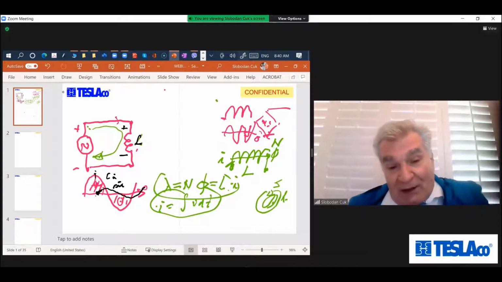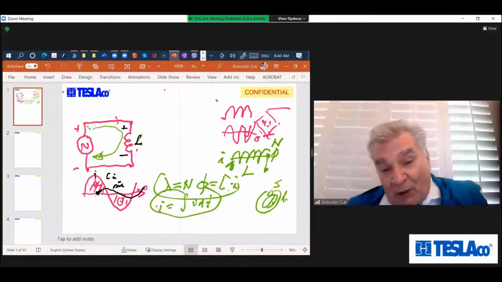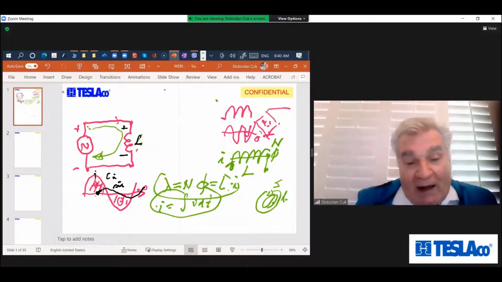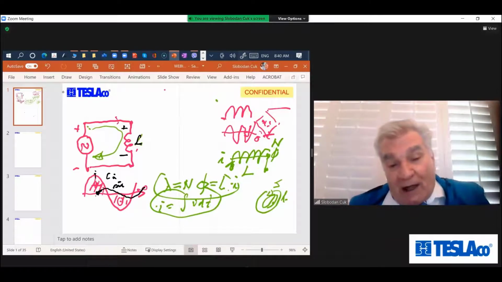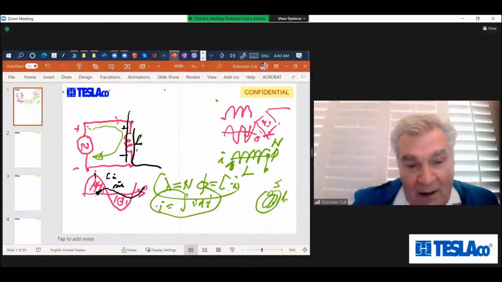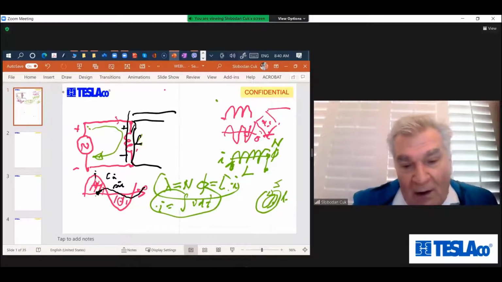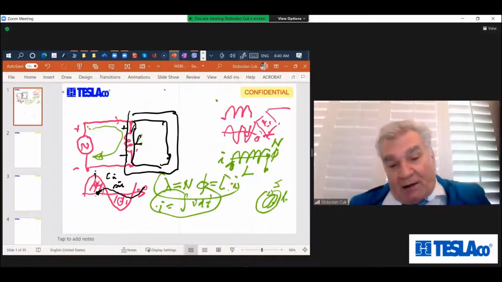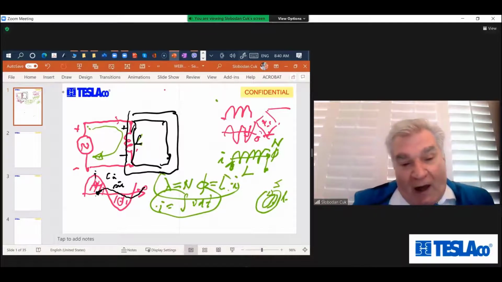That means this inductance is going to be huge and create very little current. But that is the current which will create the flux in the core. So now if I put a magnetic core around it, this small current will generate the flux in the core.